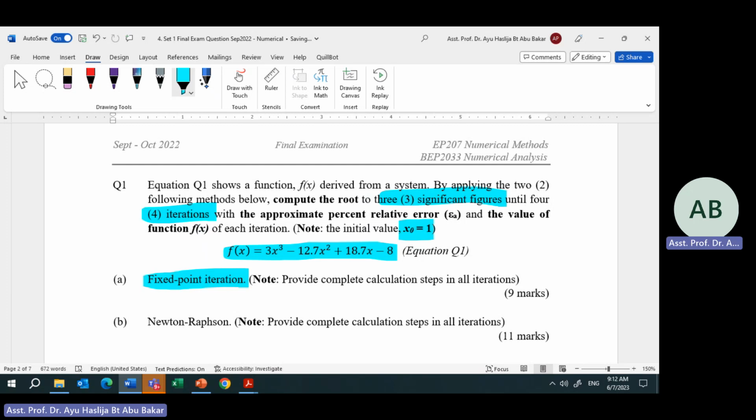Okay, so first thing first, what you need to do? Rearrange the equation into x equals to f(x). Try to rearrange and try to do until 4 iterations.